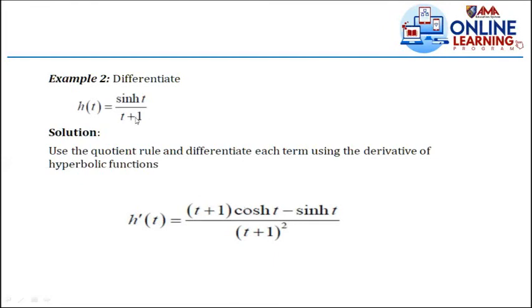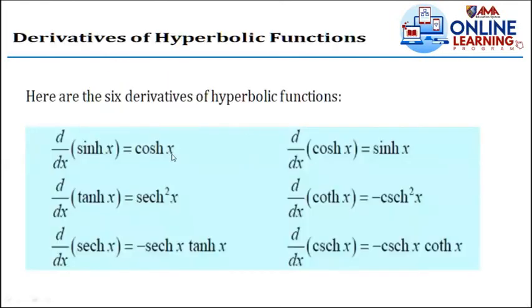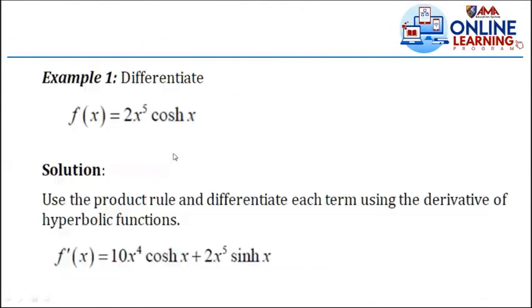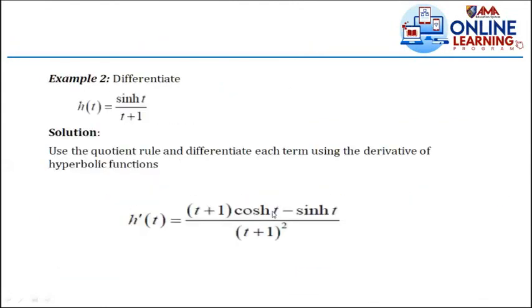Our v is t plus 1. Then du. Derivative of sine h t is cosine h t. So we have cosine h t. Minus u, our u is sine h t. dv, derivative of t is 1. Derivative of 1, constant, is 0.